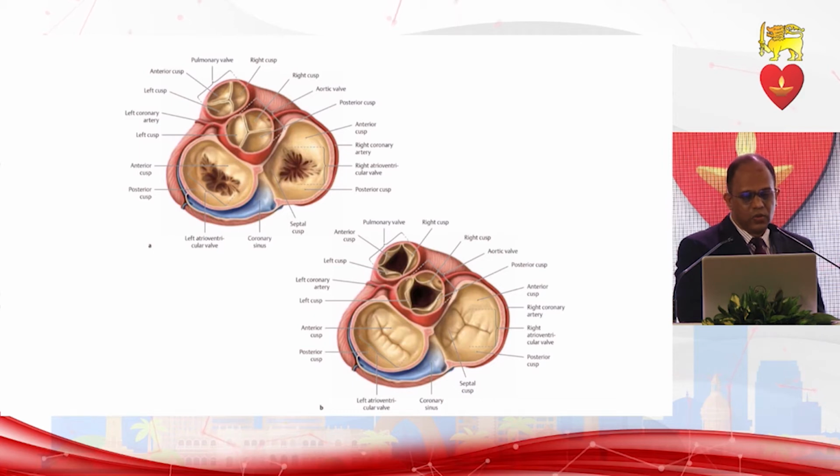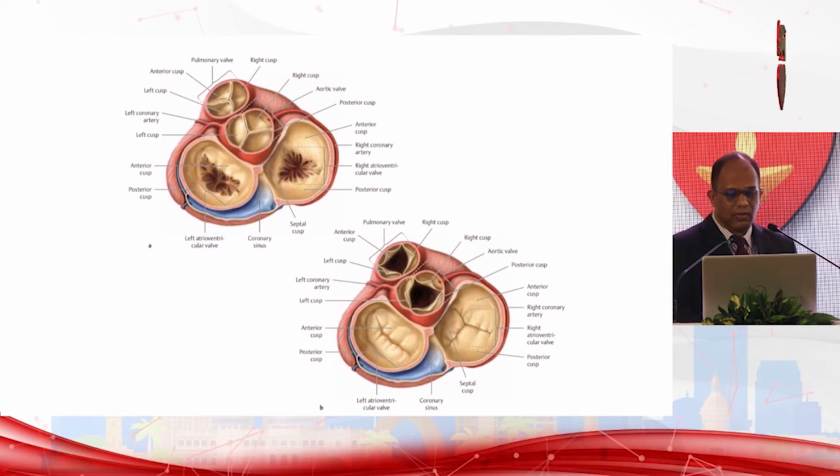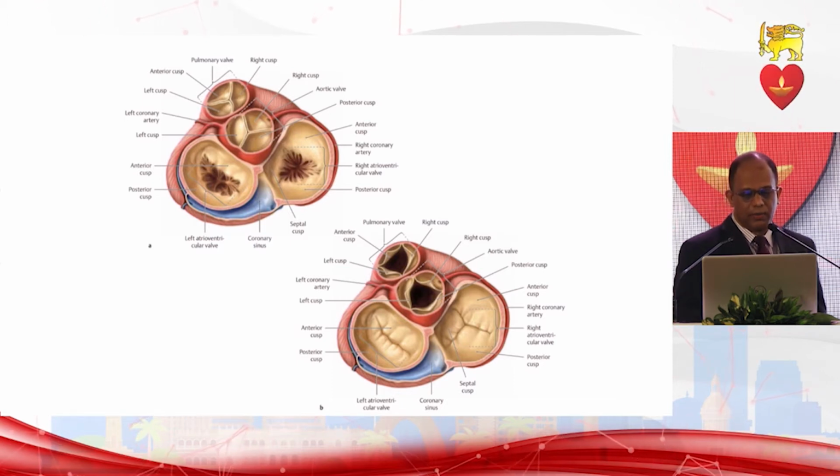So there are 2 inflow valves and 2 outflow valves for the left and right ventricular circulation. The mitral valve looks after left ventricular inflow, the tricuspid valve looks after right ventricular inflow, and the aortic and pulmonary valves look after the outflow.